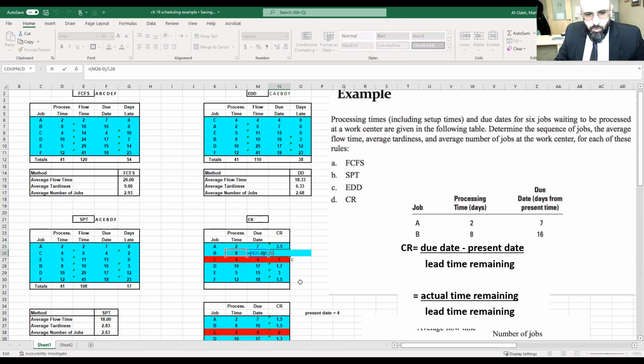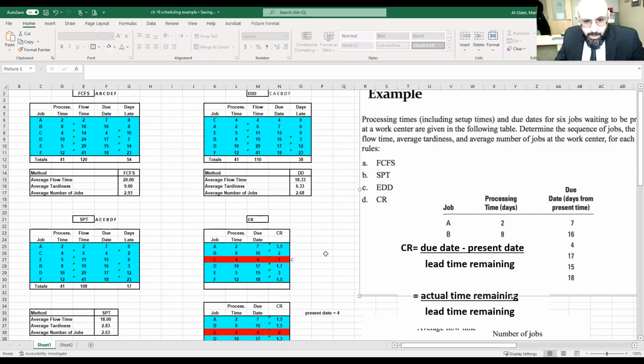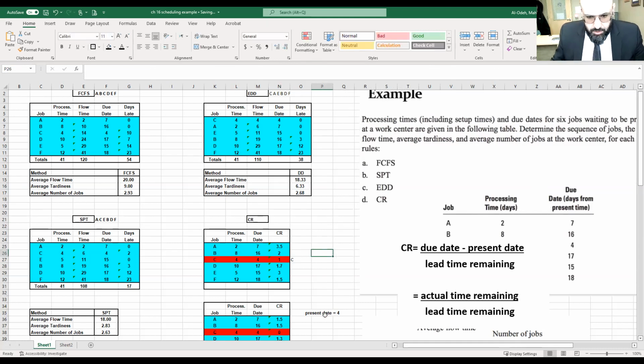Do the same thing for B. The due date for B is 16. We haven't processed anything yet. I want to add this just to avoid any confusion: the present date is equal to 0 right now.